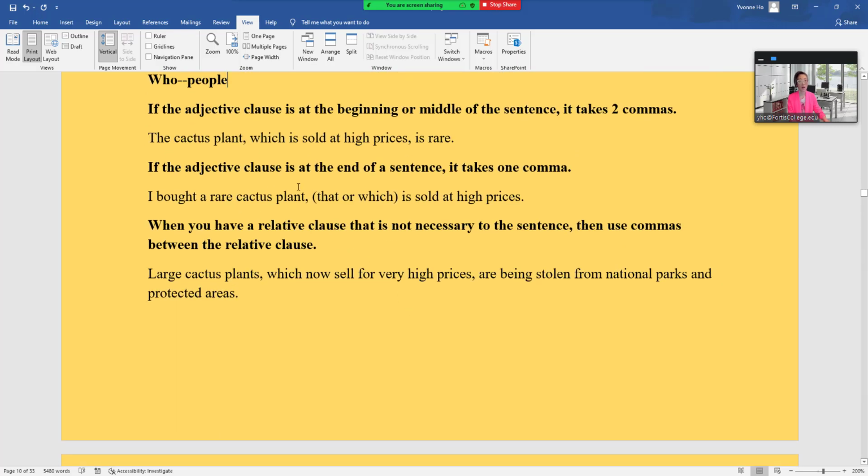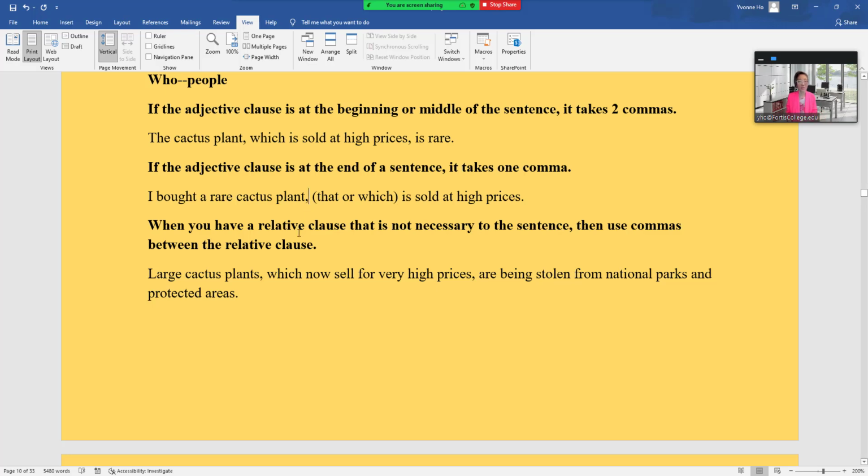If the adjective clause, okay, relative clause, adjective clause, same thing, is at the end of a sentence, it takes only 1 comma. So "I bought a rare cactus plant, comma, which is sold at high prices." So when the which clause is at the end of the sentence, you only use 1 comma.